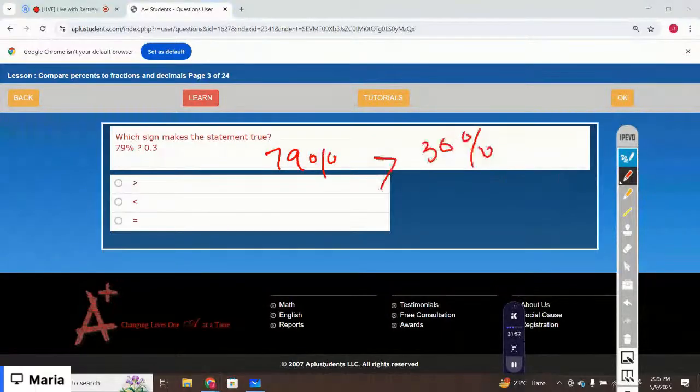So 79% is greater than 30%. The correct option is greater.